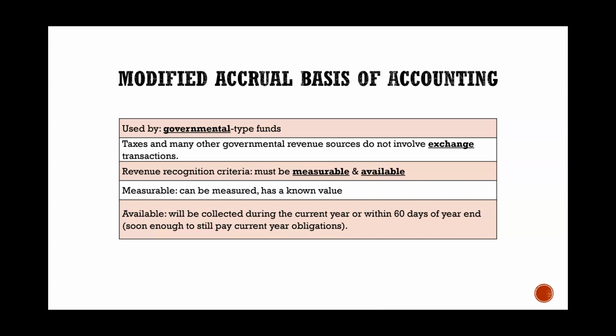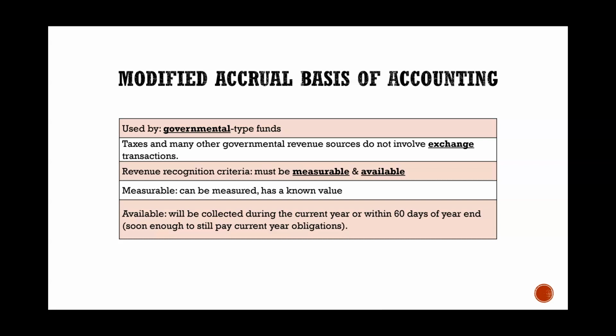Write that down. Take note of that. I am sure this is in your notes that you should be completing as you follow along and as you read your textbook. Just remember, revenue recognition criteria for modified accrual basis of accounting is that it's measurable and it's available. Measurable simply means that we can measure it. It has a known value.